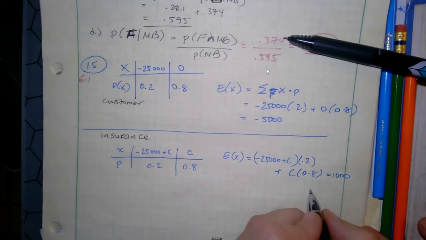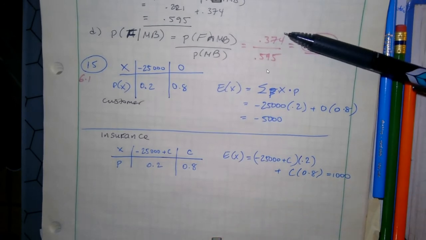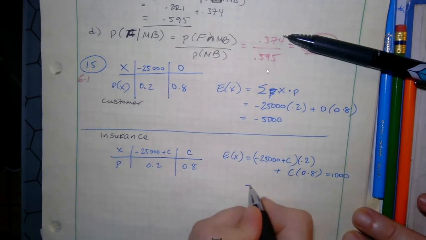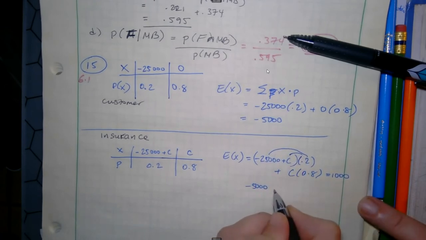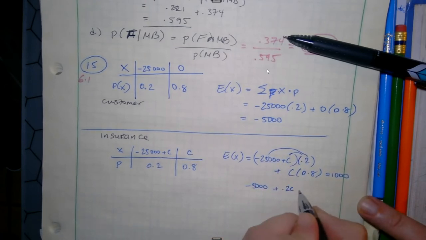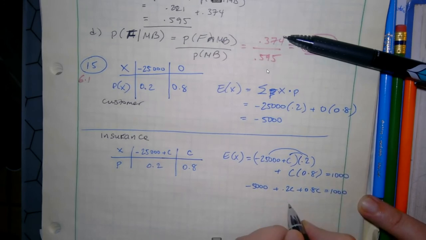So if we do this, we're going to have to distribute negative 25,000 times 0.2. Okay, so this is negative 5,000. I distribute plus 0.2C plus 0.8C equals 1,000. This is what I'm solving. So if I add these, I get C equals 6,000.